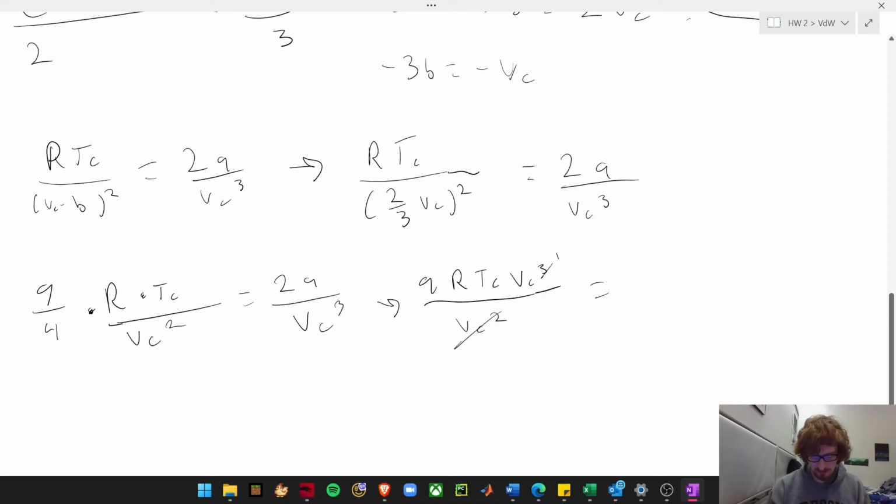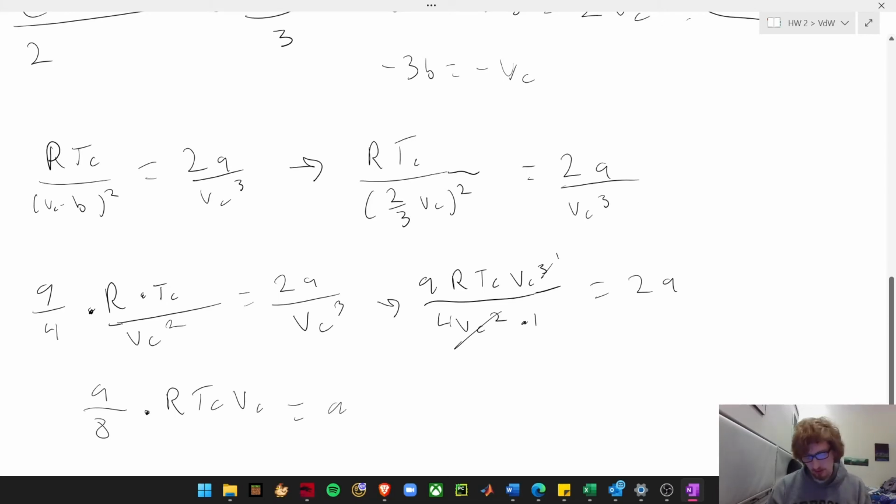And that'll be equal to 2A. I forgot a 4 over here, sorry about that. So we'll end up with 4 times 1 in the denominator. And then from there, again pretty simple, divide both sides by 2. And we end up with 9/8 times R times our critical temperature times our critical volume is going to be equal to A.